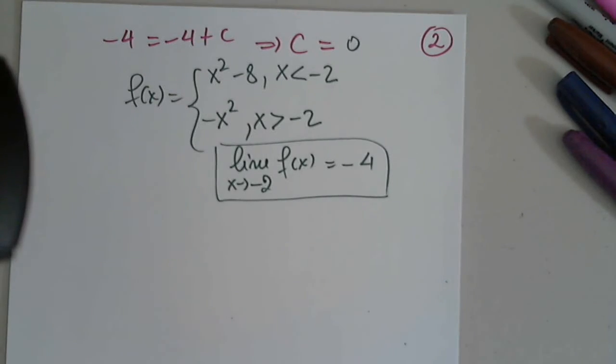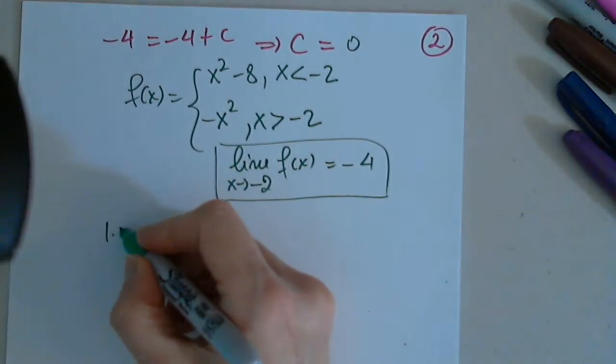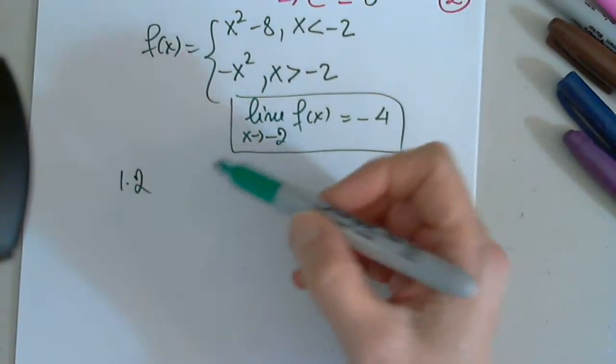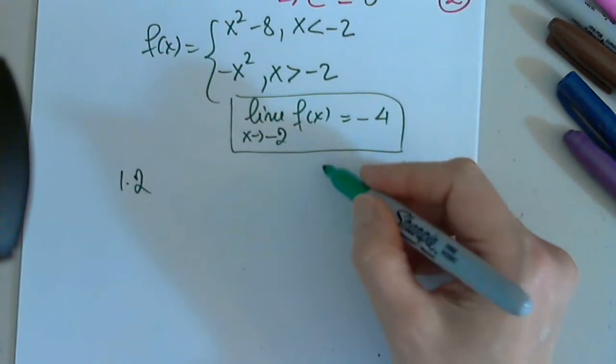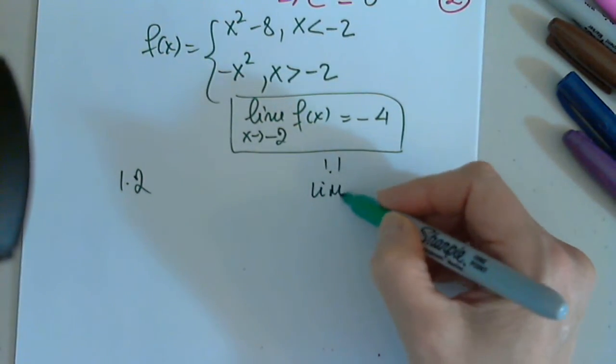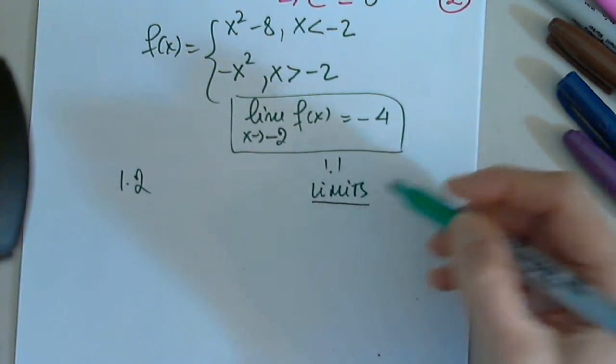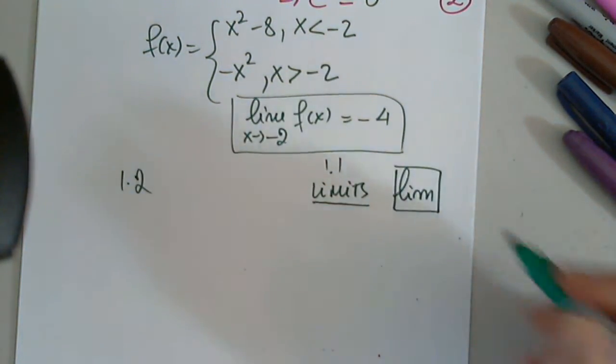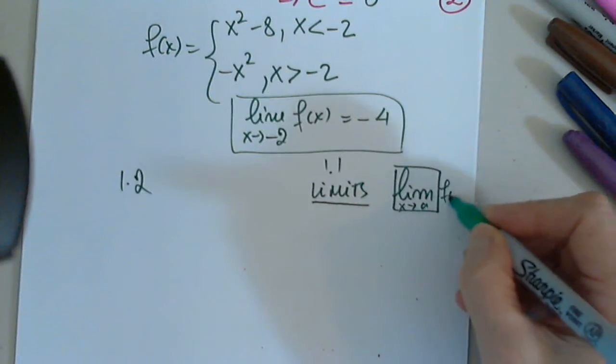Okay, so let's go back and continue with 1.2. In 1.1, we looked at limits. We learned the limit operator, as x approaches a of f of x.